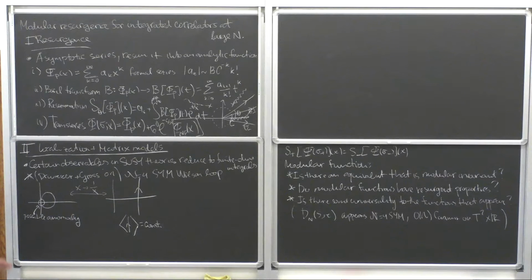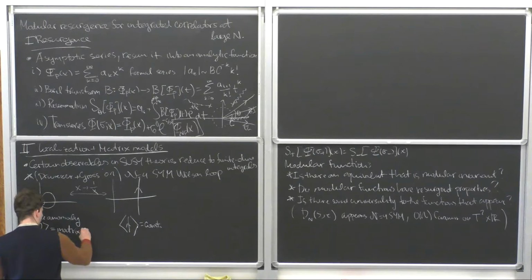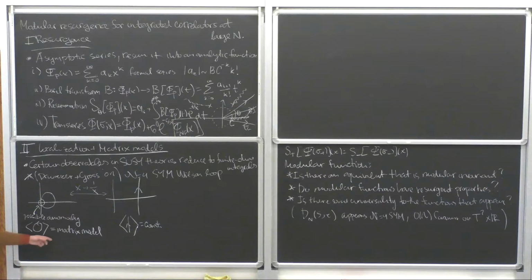And indeed, they do some computations and they conjecture that if you take the expectation value of this circular Wilson loop, it ought to be given by a matrix model. So this is a very grand claim, but they don't provide a proof for it, and there's no obvious way to generalize this construction to other theories or other observables.